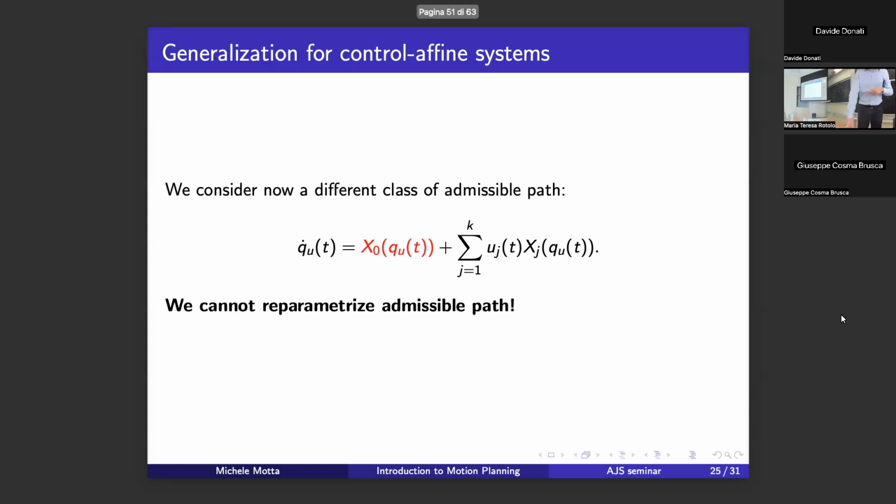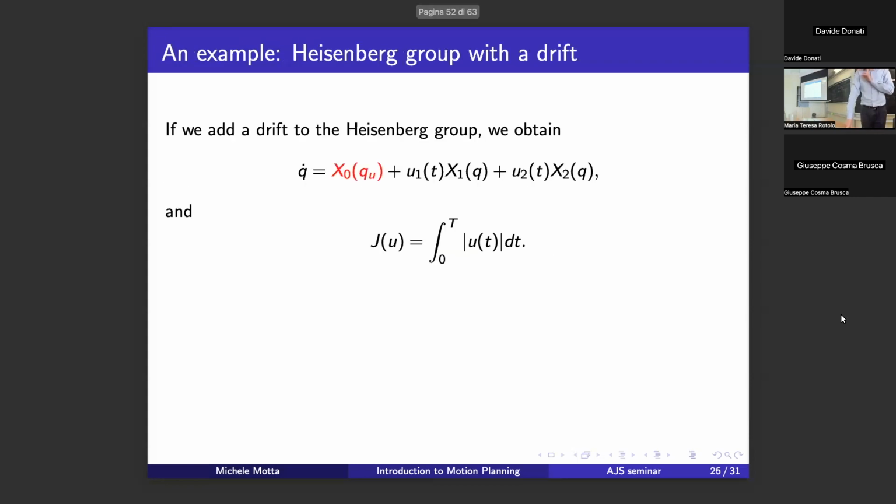And the very important difference is that now you cannot reparameterize the admissible curves, because before you could rescale the control, but if you rescale the velocity, then you have to rescale also the drift, and so you have a completely new problem, a different problem. So you cannot reparameterize admissible paths anymore.